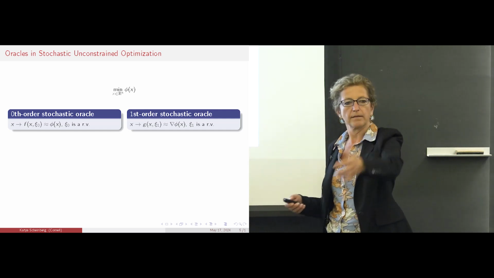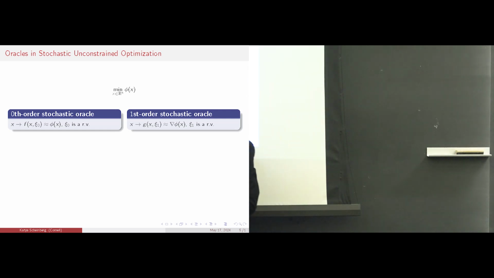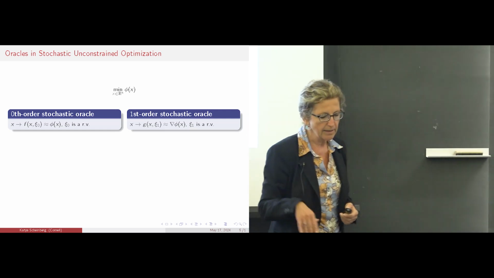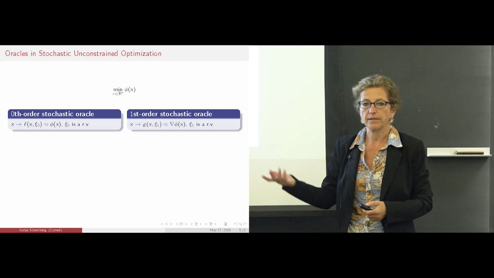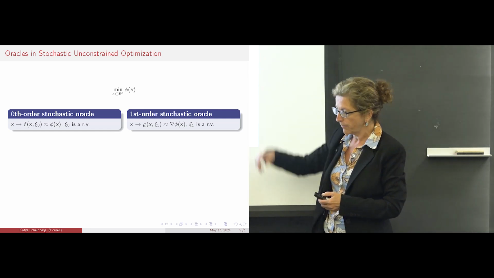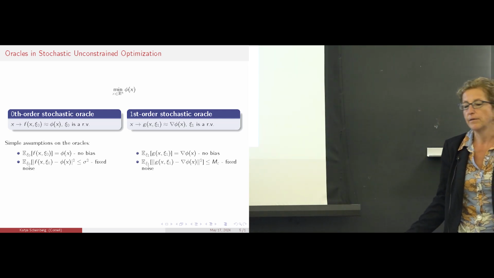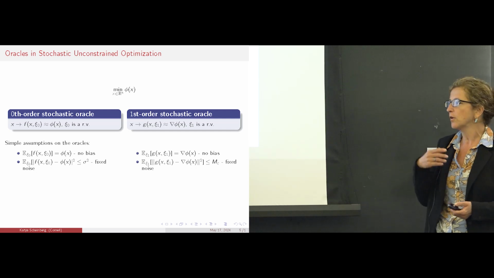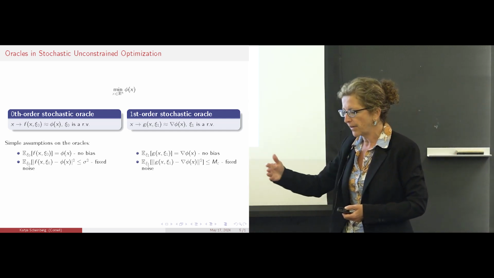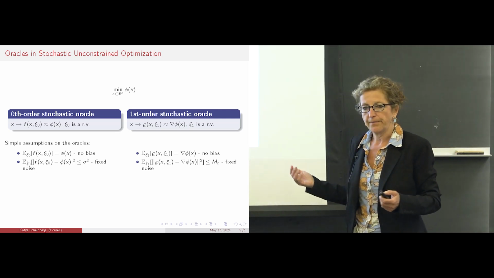So I'm writing the code, you're writing the oracle for me. You're going to say, okay, I have the oracle that will estimate phi, but it will be stochastic. So it will have some kind of randomness in it. Same thing for the gradient. And then what do we say? What do we agree on? Before, in the deterministic case, you said, okay, I'll have an error that will be bounded by some value. Now what do we say?